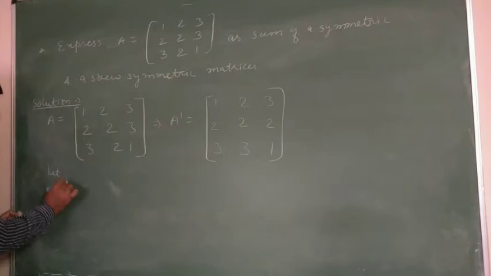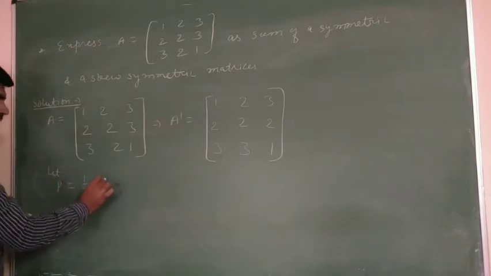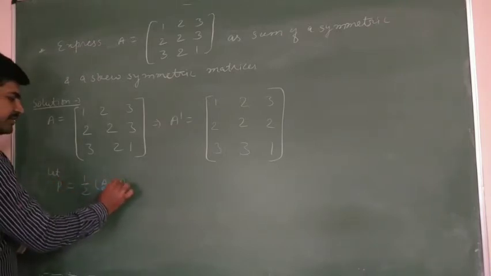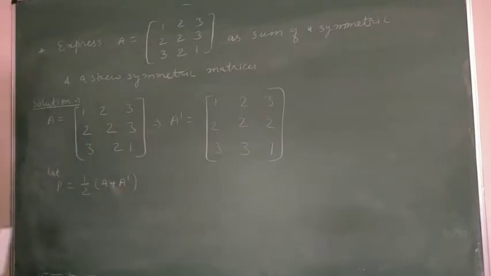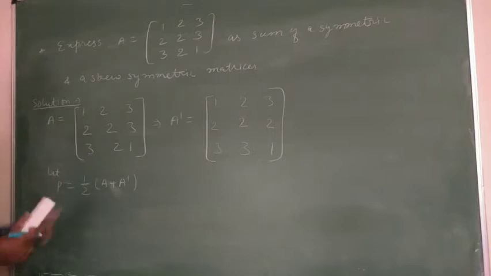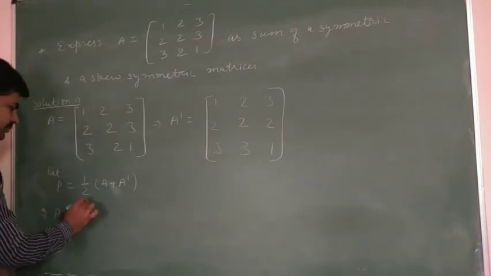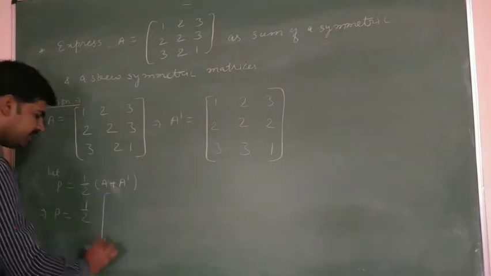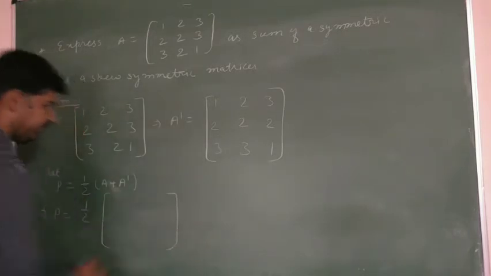Let P is equal to half of (A plus A dash). So what we have to do, students, we will add both A and A dash and multiply the sum by half. So that implies that P is equal to half of, let us find the sum of A and A dash.